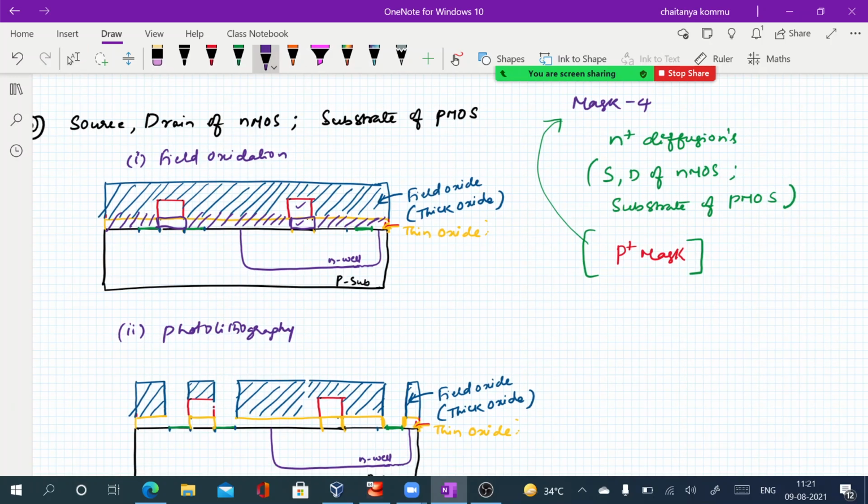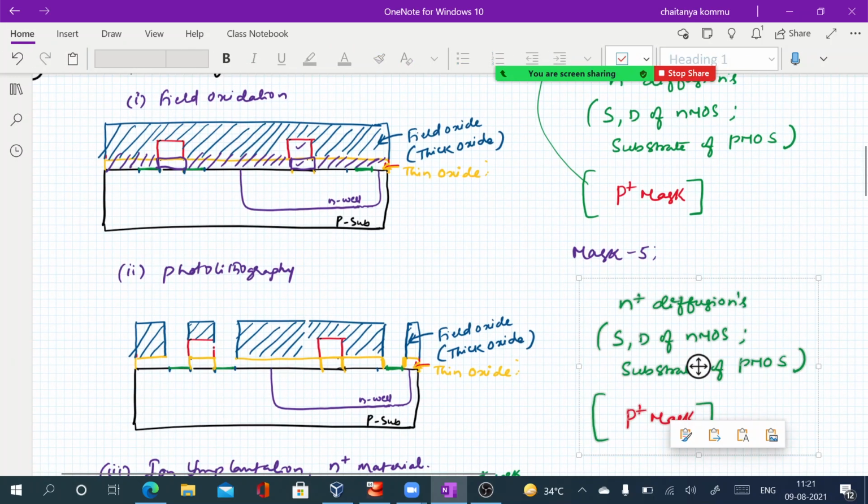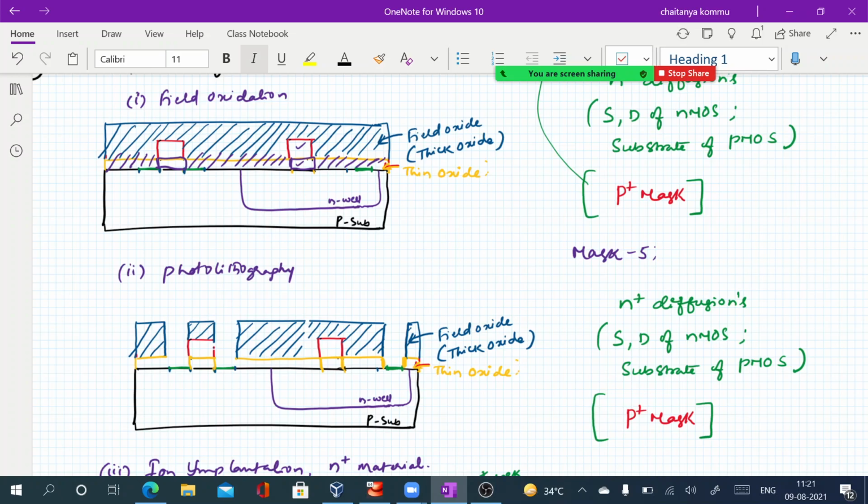Okay, next, mask number 5. The same thing we have to consider. So instead of N plus, what are we doing here?